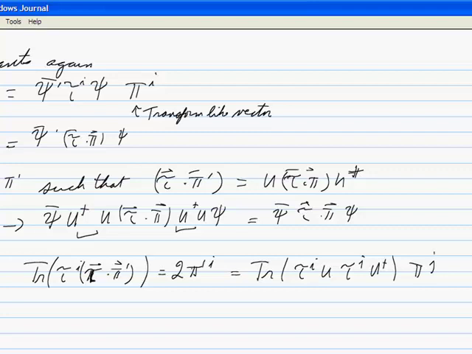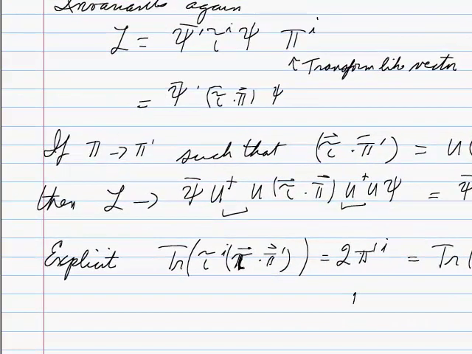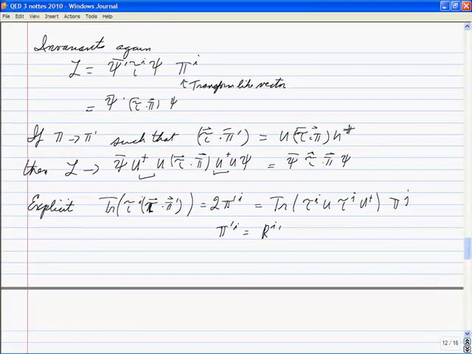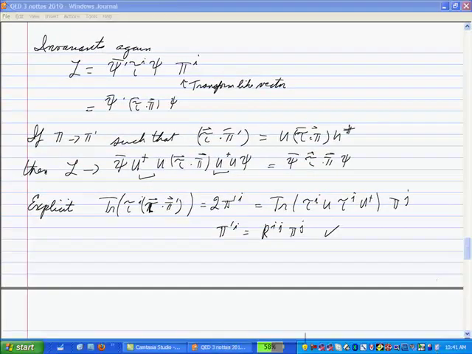But if you remember, that's what I called R_ij before. That, I said, was a rotation matrix. So pi prime i is R_ij pi j. So it does transform like a vector also.